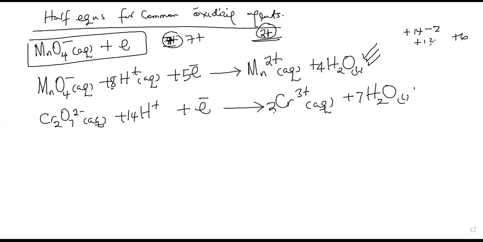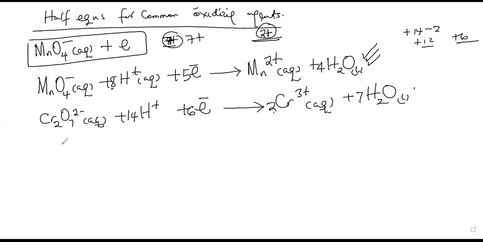So how do we make this equal to this? How many electrons should I subtract here? 6. Is it okay? It is okay. The moment you learn how to write these equations, then we are very safe.